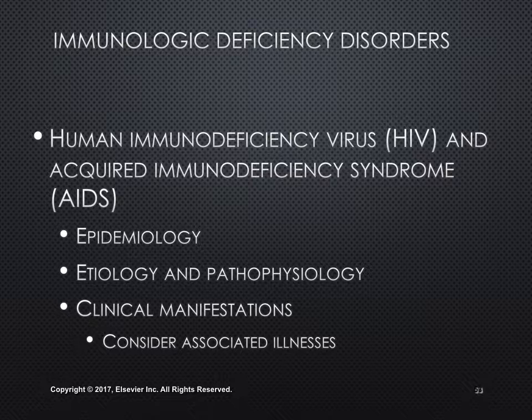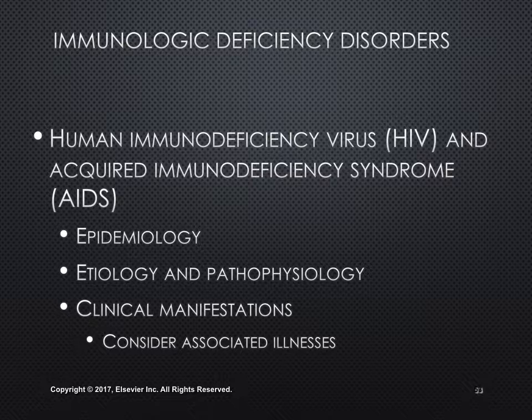As far as the pathophysiology is concerned, the HIV virus primarily infects a specific subset of the T lymphocytes, the CD4 cells. But it can also invade cells of the monocyte macrophage lineage. The virus takes over the machinery of the CD4 lymphocyte and uses it to replicate itself and renders the CD4 cell dysfunctional.